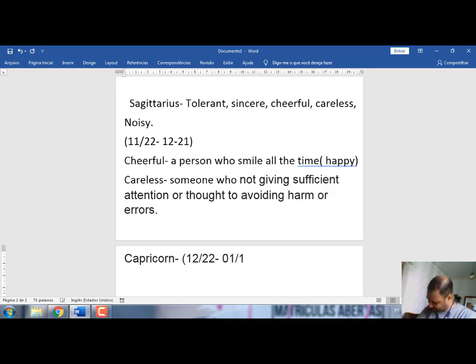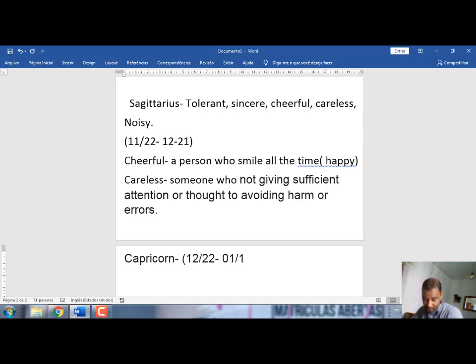Charming, peace loving, superficial, easily influenced, okay?